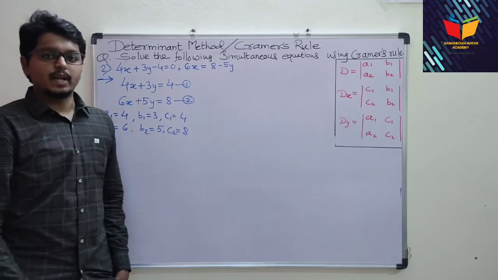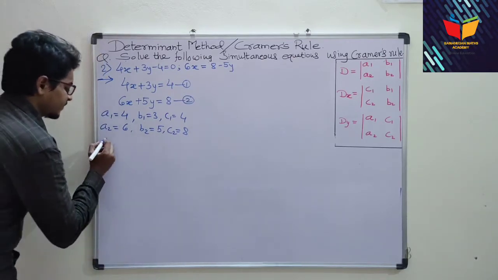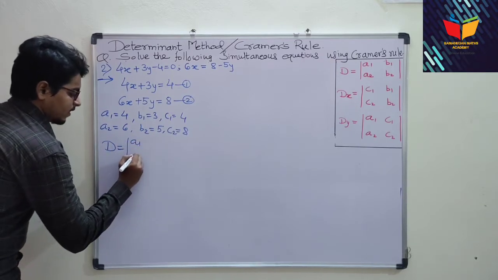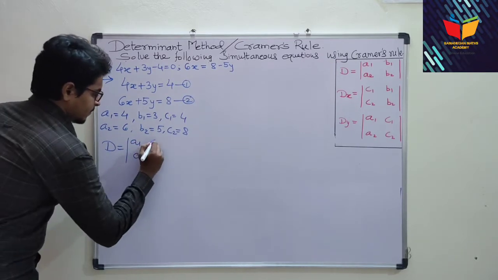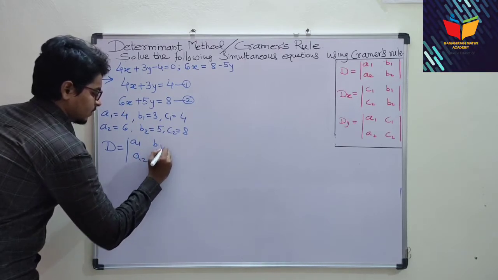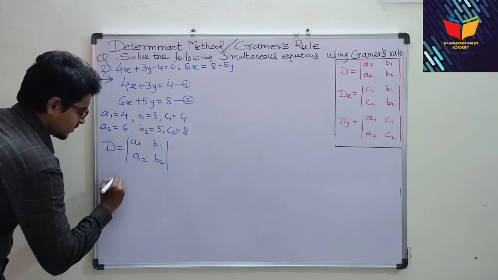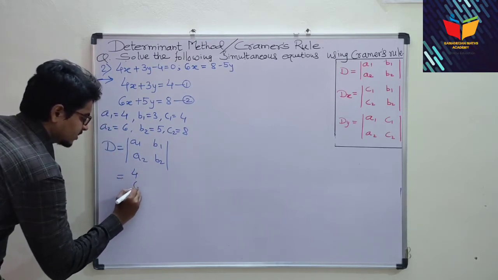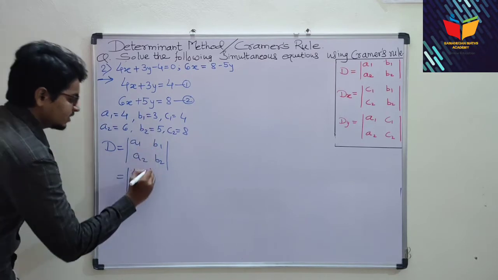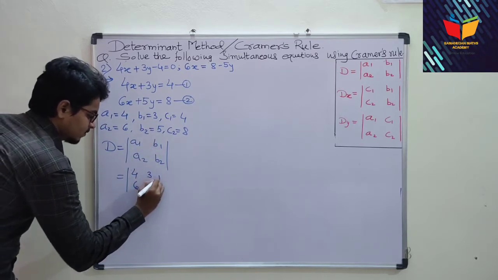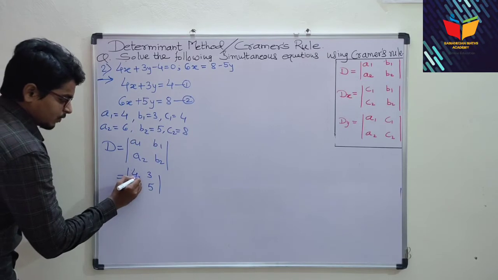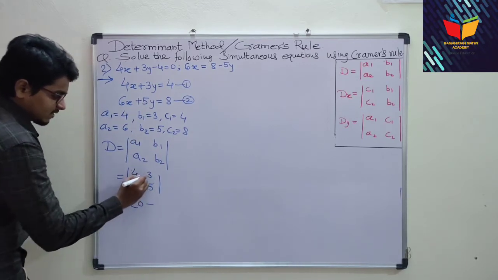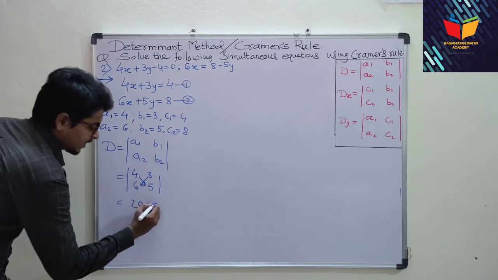Now we find the value of determinant. So here D is equal to a1 a2, b1 b2, which is equal to a1 is 4, a2 is 6, 4 6, and b1 b2 is 3 and 5, which is equal to, now 4 into 5 is 20 and minus 3 into 6, it is 18.